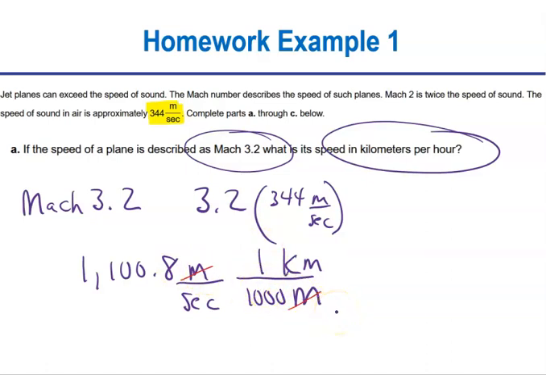But I'm also trying to change seconds to hours, right? Now, seconds, look, is in the denominator. So that means seconds needs to go in the numerator over here. Why? So my seconds will cancel out. Now what I'm trying to change it to goes on the other side. So hours goes in the denominator. Is there a conversion from seconds to hours? There is.